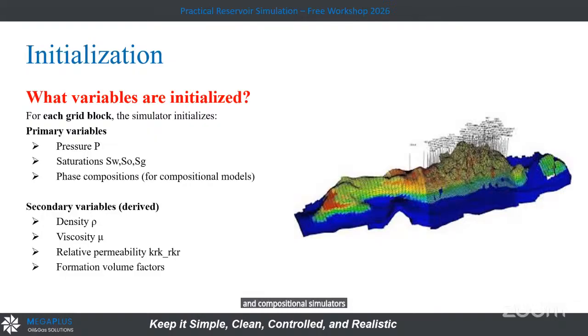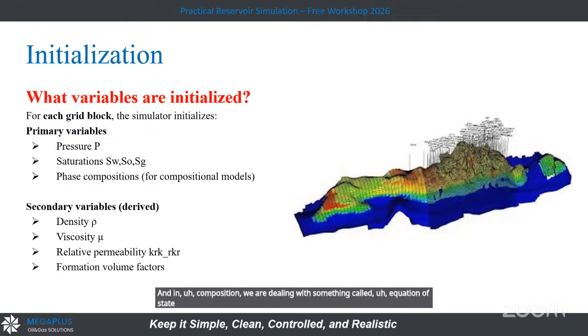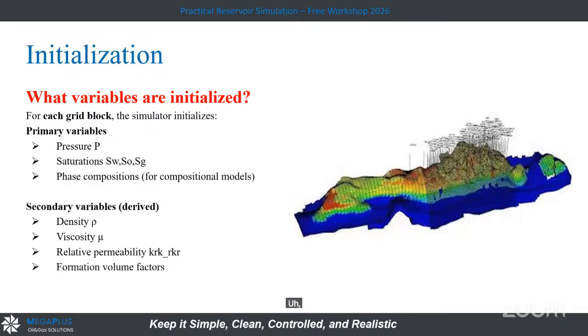In black oil, the properties depend on lookup tables done in the lab. And in compositional, we are dealing with an equation of state to see the phase changing with the composition, from C1 to C7 plus, or maybe until C20.